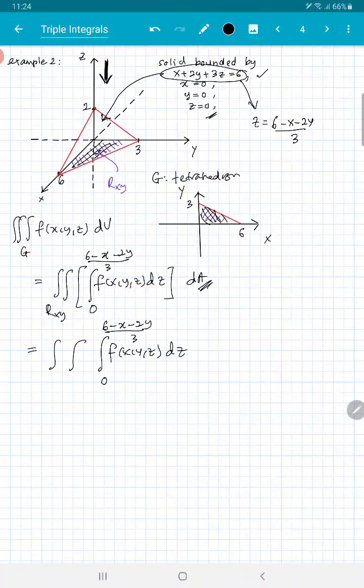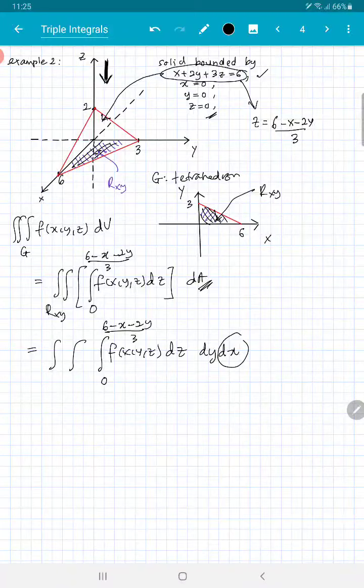Okay, now we need to figure out our dA. dA is the area on the xy plane. So this is our region R on the xy plane. We need to figure out whether we want to change our dA into dy dx or dx dy. I know you're very familiar with dy and then dx, so let's do that. If it's dy and then dx, x is integrated last, so x should be from a constant to a constant.